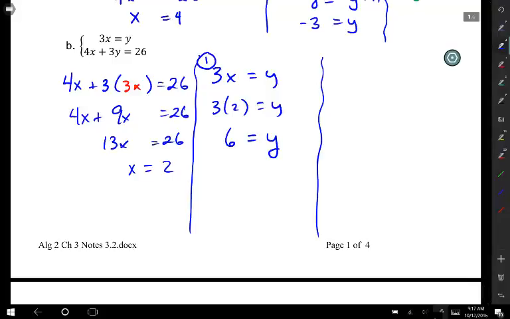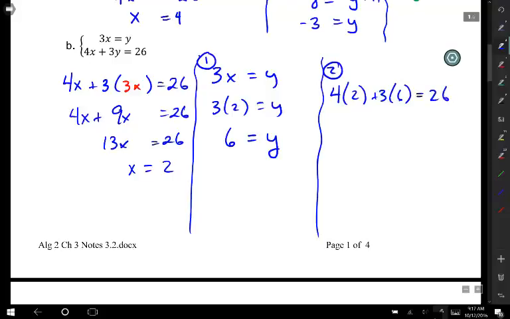The second. You have to use the other equation to check. So 4 times 2, 3 times 6 supposedly equals 26. So 8 plus 18, is that equal to 26? It certainly is. That means our numbers worked, and our answer is 2, 6.